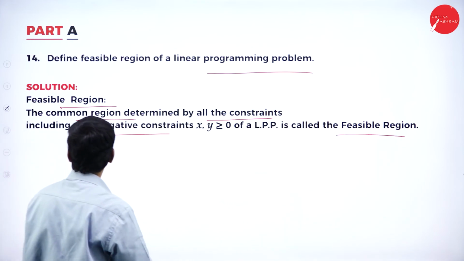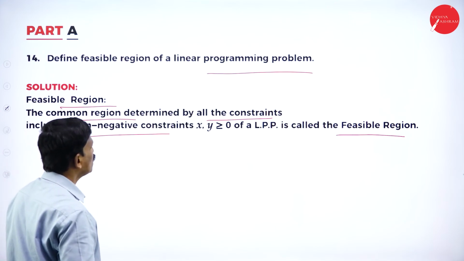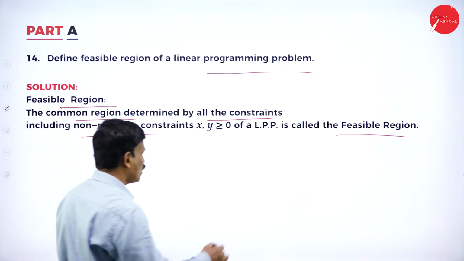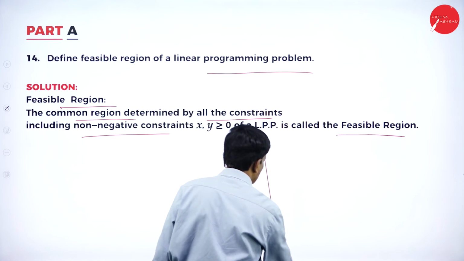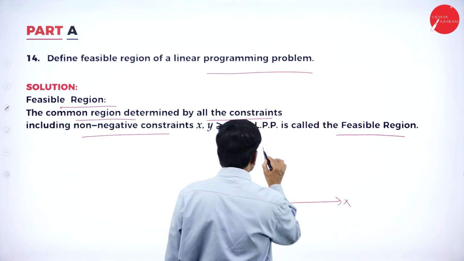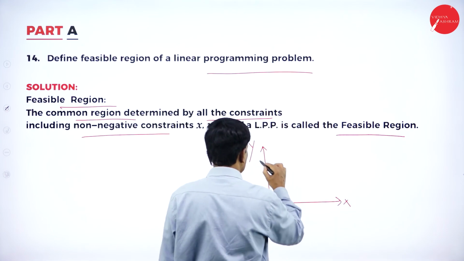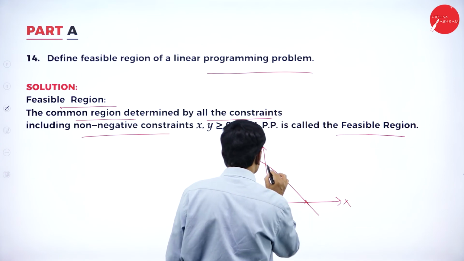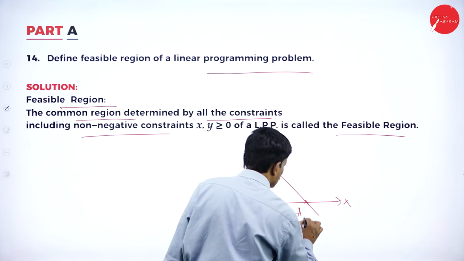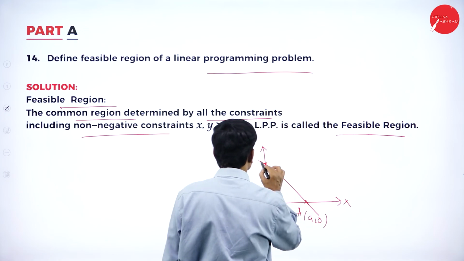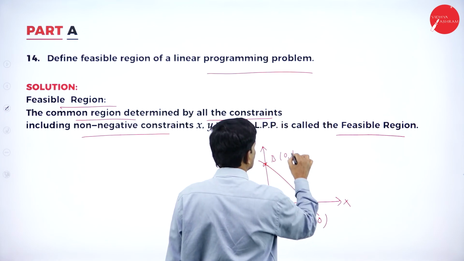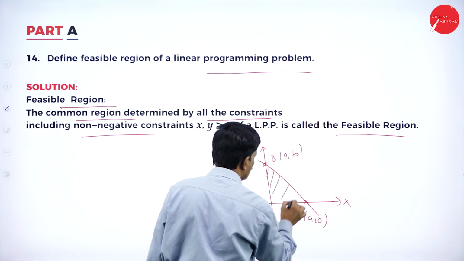Feasible region means the common region determined by all the constraints, including the non-negative restrictions. So this is the feasible region.